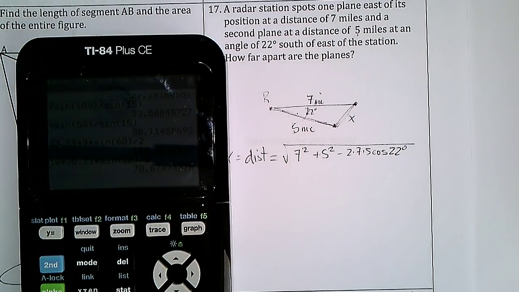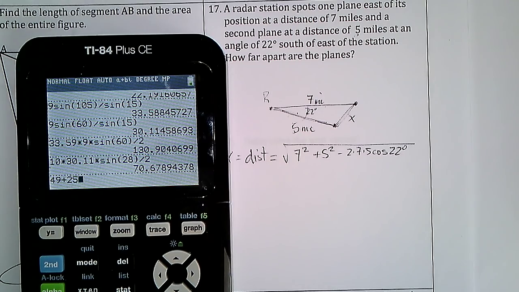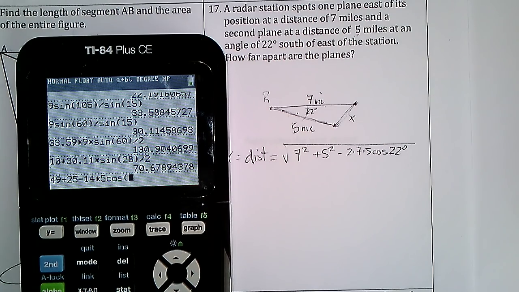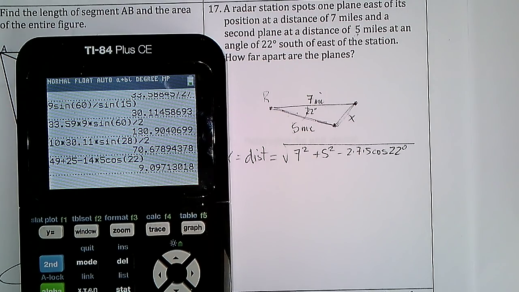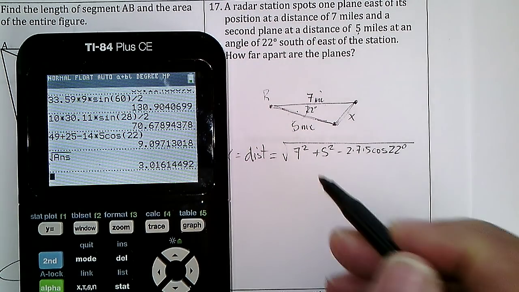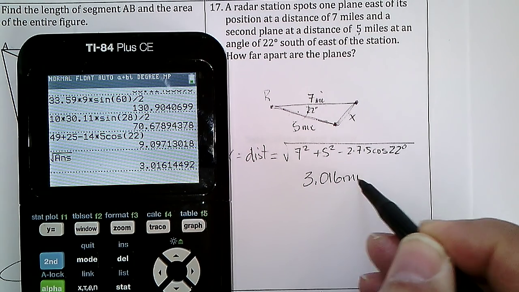And so the distance between them is, let's see, 49 plus 25 minus 14 times 5 cosine 22. And then we got to take the square root of this. And that is 3.016 miles.